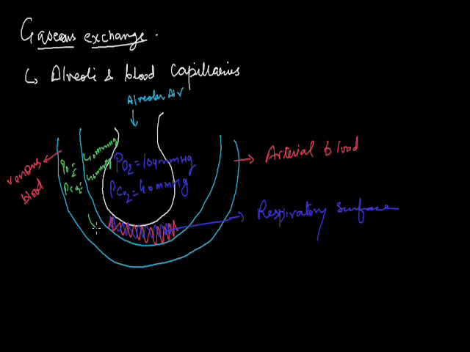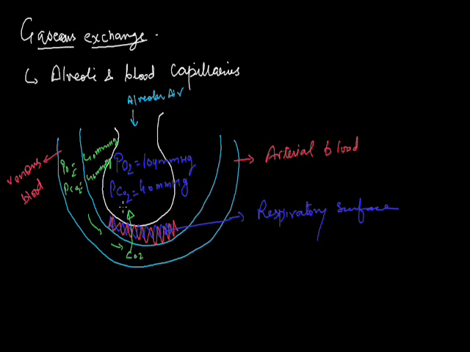So what will happen when this blood comes to the respiratory surface? All the carbon dioxide which is present in this blood will be transferred to the alveoli because of the pressure difference. Why the pressure difference? Because here the carbon dioxide has 46 mmHg, and inside the alveoli the carbon dioxide has 40 mmHg of pressure.